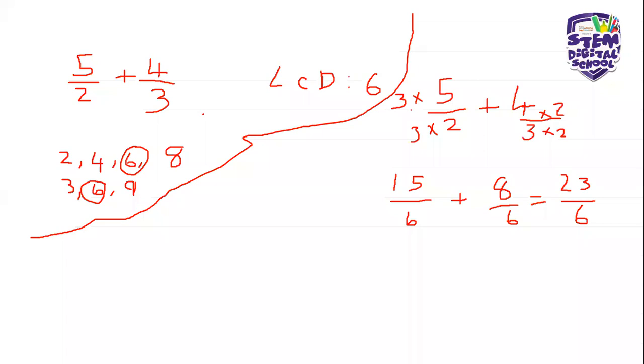What if when you're doing them, they don't have the smallest denominator?